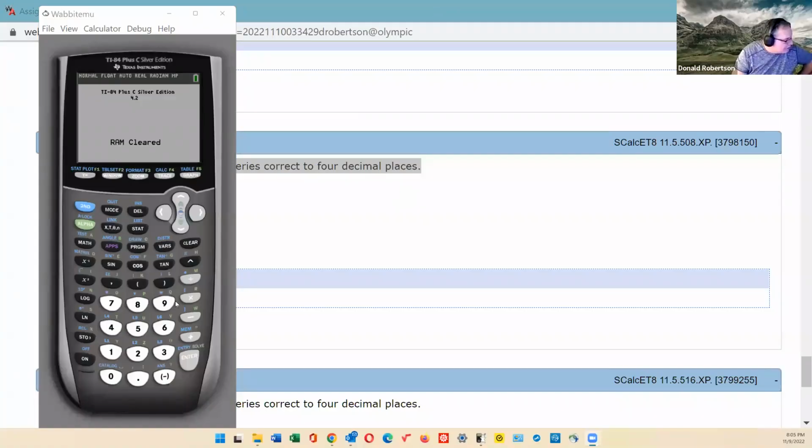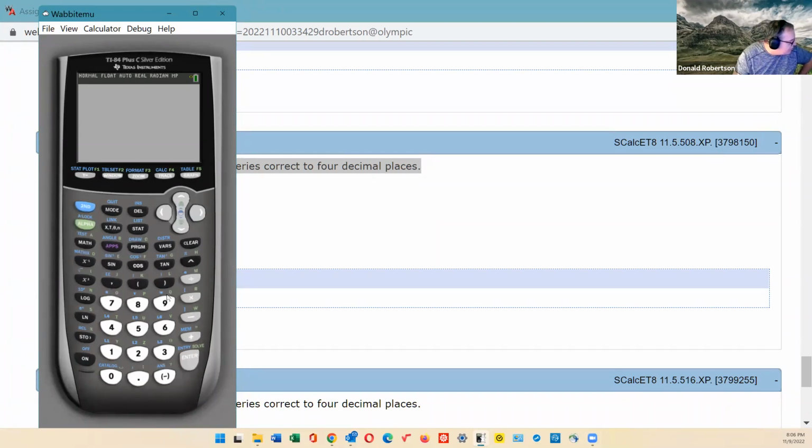I hope you're looking at a calculator right now. Okay, I have 1 over 3 to the k times k factorial. I am just going to guess. My first guess is that k equals 5. In other words, I need 5 terms to get the accuracy that I want, or at least the 5th term is the accuracy I want. So I'm going to go 1 divided by, put a bracket around it for safety, and then 3 to the power of k.